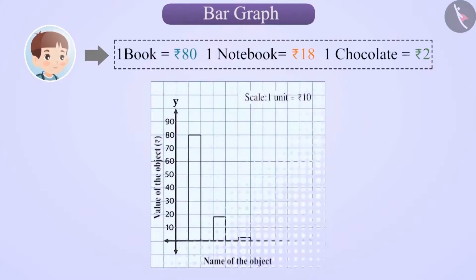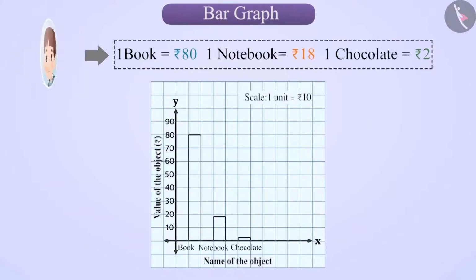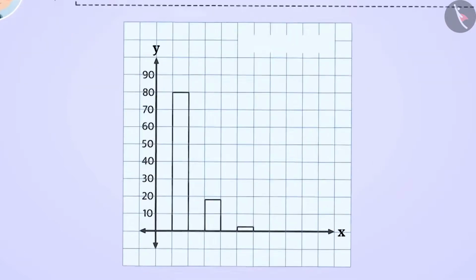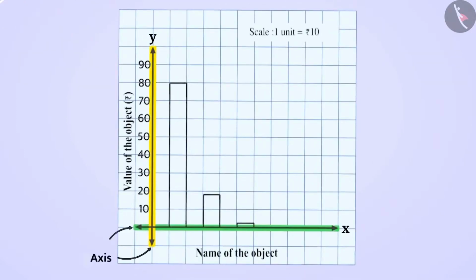The bar graph for the given situation will be shown as follows. This bar graph shows the amount Rahul spent on various items. The bar graph has two axes, that is, the horizontal x-axis and the vertical y-axis.